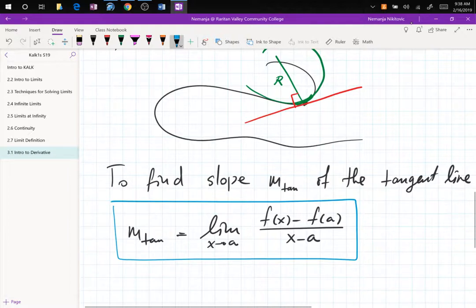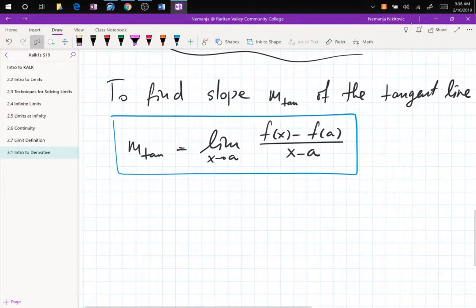Now you use basic algebra to compute this, so let's do an example of this, and then we'll upgrade and fix this.